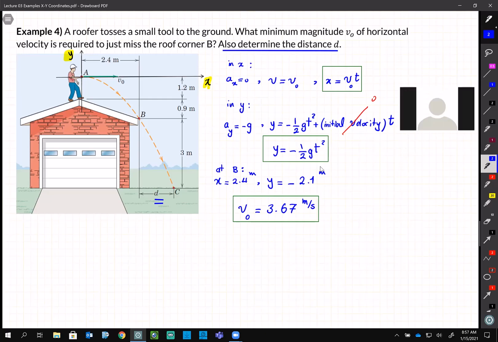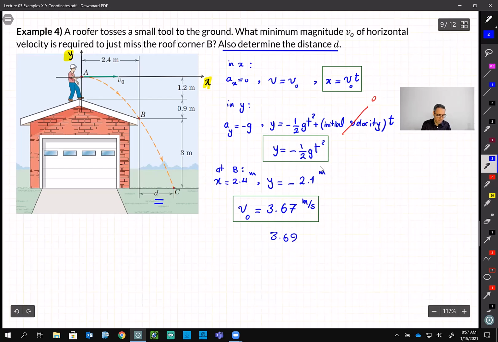From there, I got t, the amount of time that the ball will cover 2.1 meters. Then I divided 2.4 by 0.65, and I got 3.69. I was wondering why I got a different answer.